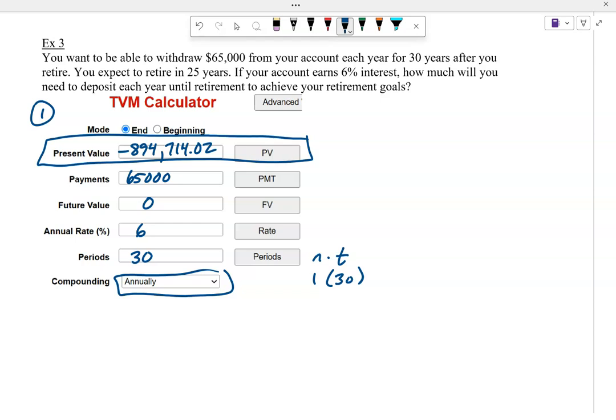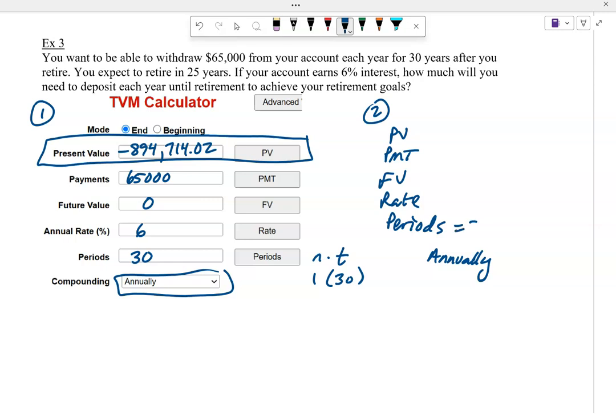So then the second question is, okay, that's how much I'm going to need in my retirement, and I have 25 years to do this. So how much do I need to deposit?